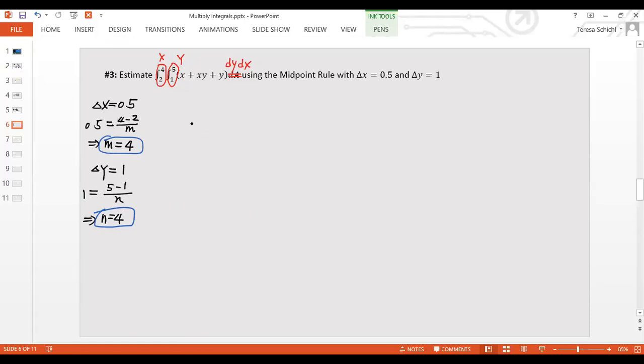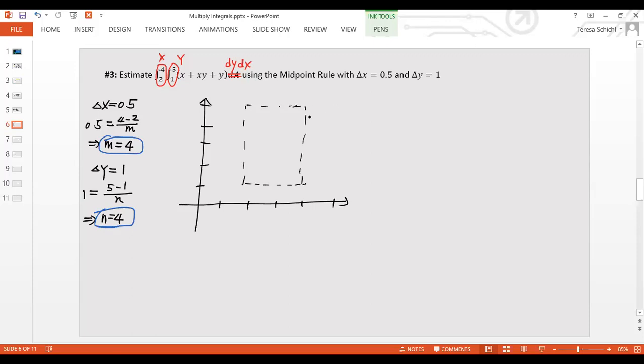So let's do a very similar one here. We have 16 areas. x is from 2 to 4, and y is from 1 to 5.